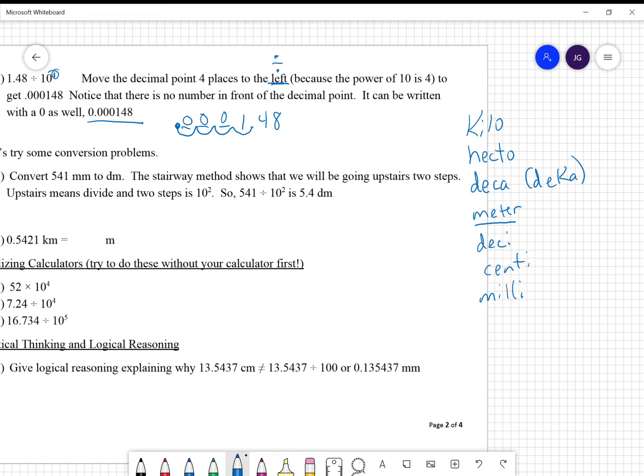Deci, centi, milli. And your author puts them in steps. Kilo, hecto, deca, meter, deci, centi, milli. And each step is 10.